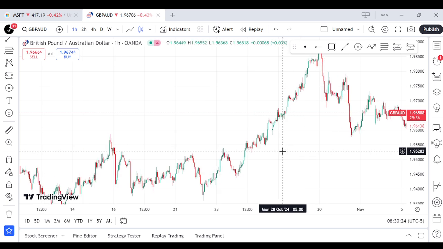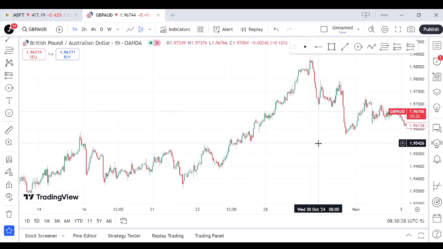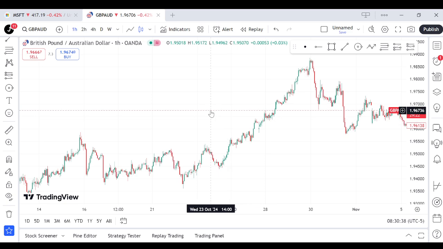This strategy is designed to help traders identify the overall trend, confirm momentum and pinpoint precise entry and exit points. So the strategy utilizes three EMAs, the 5, 15, and 50 period moving averages, to determine the short term and the long term trend direction.